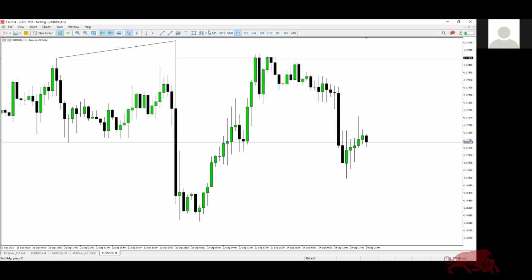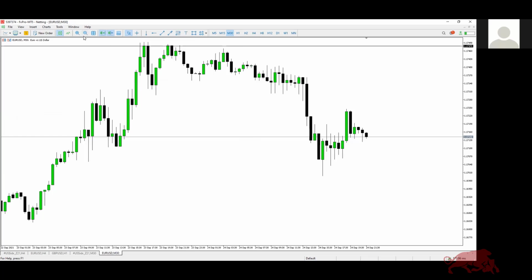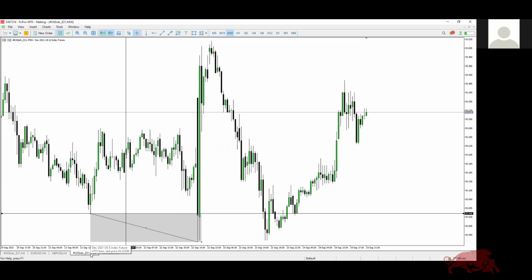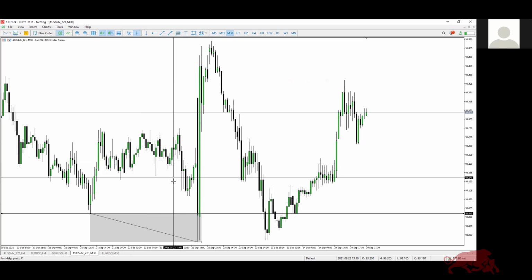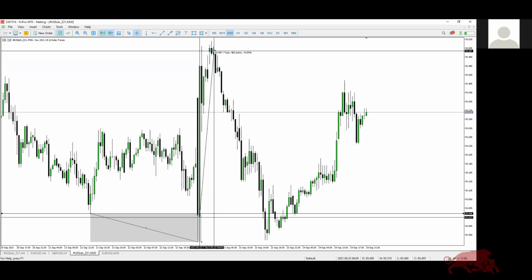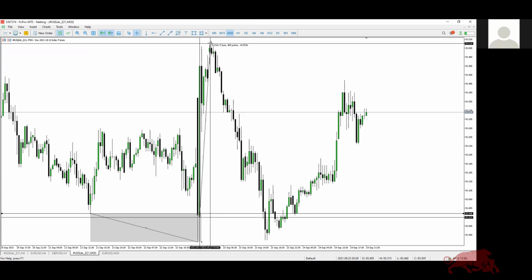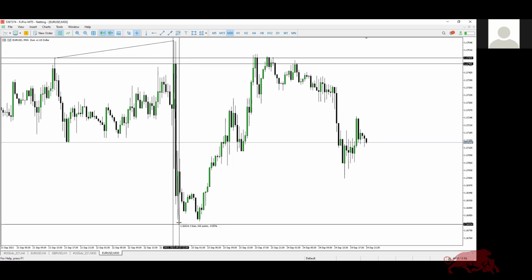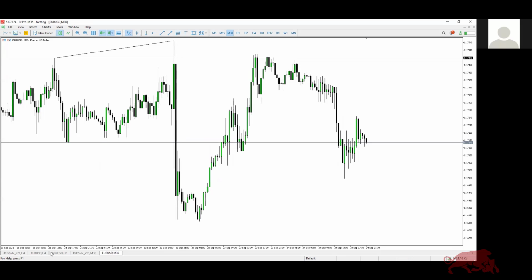And on Euro USD, we had price trade to the upside, taking out buy stops. But on Pound USD, none of that was mirrored, which showed us there was underlying strength on dollar index. And you can see dollar index rallied after that, about 48 pips. Euro USD dropped about 62 pips.